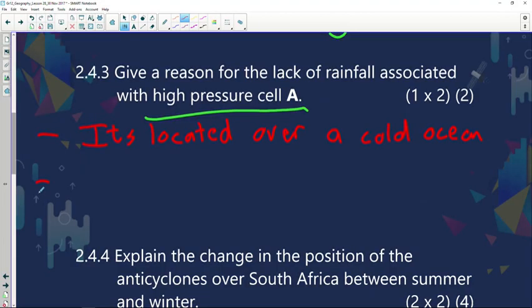We need low pressure systems. We need rising air. Now, how does air rise? When air is being forced to rise, for instance, mid-latitude cyclones, the cold air forces the warm air to rise, or because of warm conditions. So, mainly, there's no rainfall associated with it because it's situated over a cold ocean. And the second reason is because it's subsiding air, and it doesn't release moisture.